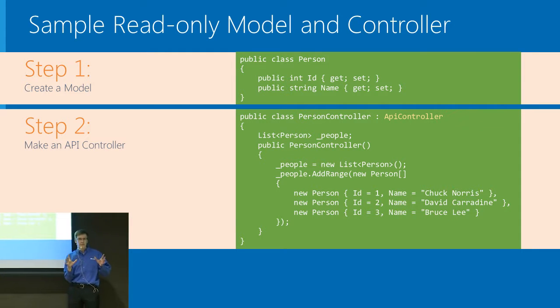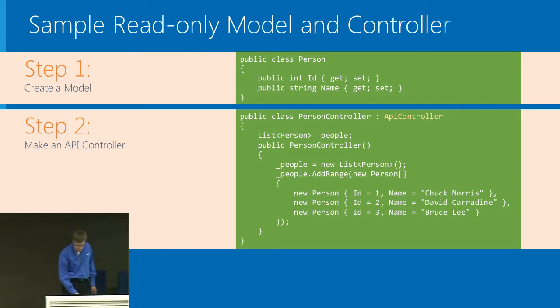So that's slightly different than the normal MVC interactive-use controller. It's a different class. In the constructor, I'm simply defining some static data as an example, so some well-known persons being added.